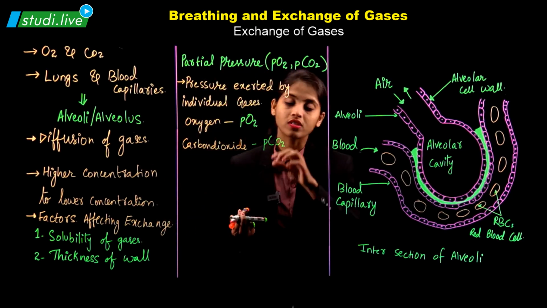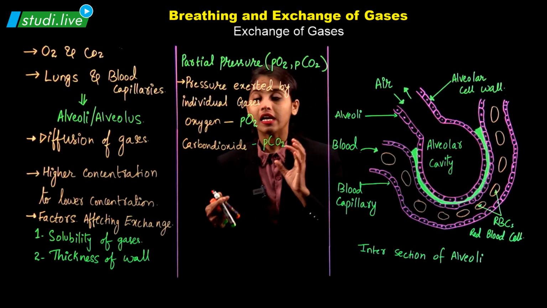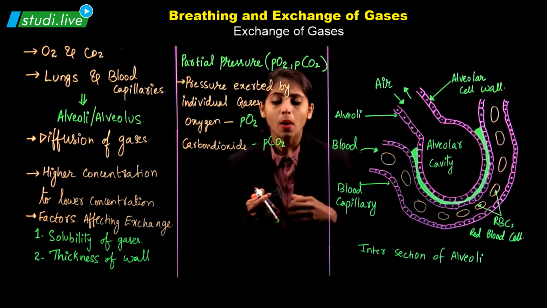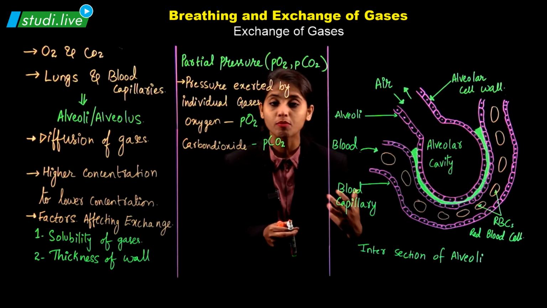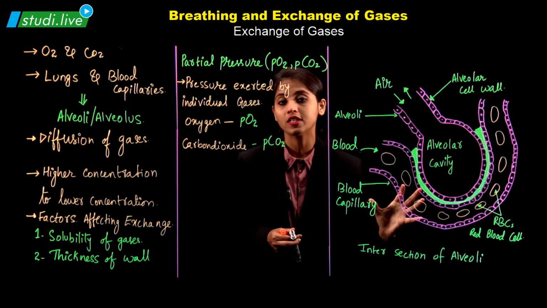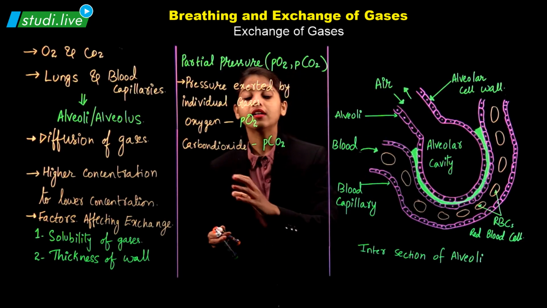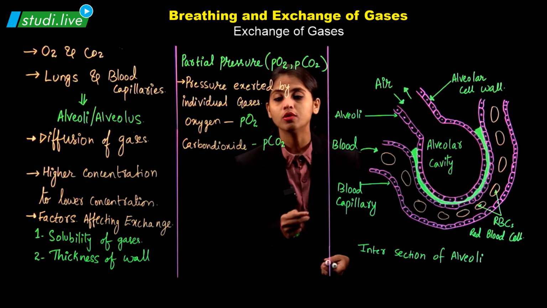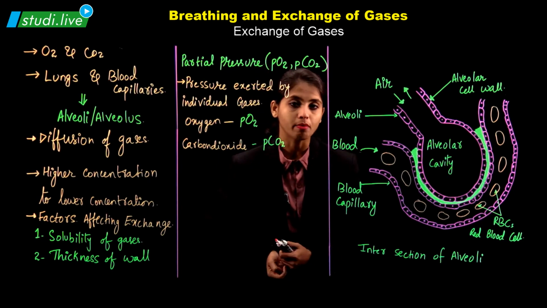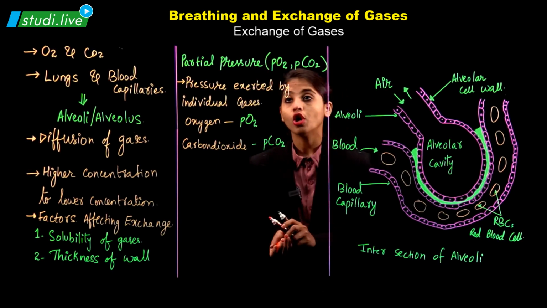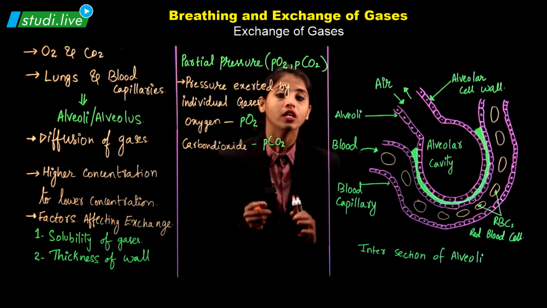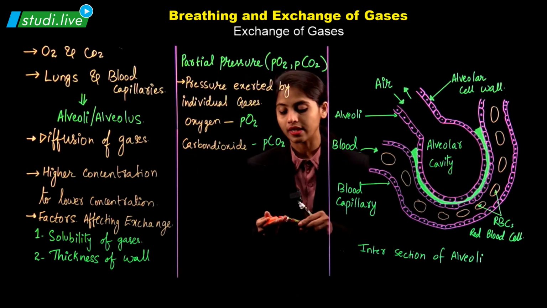So you understood what PO2 and PCO2 stand for? That is the pressure exerted by individual gases, because each gas will try to take its position. Each gas will try to occupy whatever space is available. So that's how we will be able to define and calculate the oxygen partial pressure or the carbon dioxide partial pressure. Okay, student. So due to this partial pressure and concentration gradient, the diffusion of the gases is going to happen.